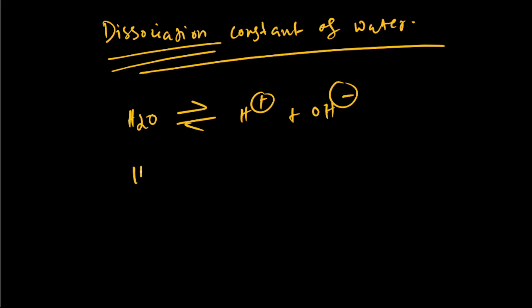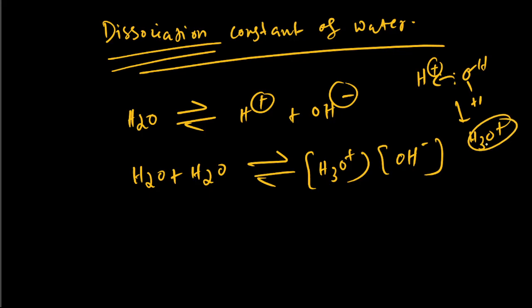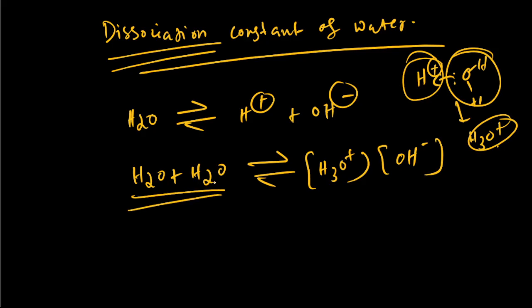Also you can say H2O plus H2O will give H3O plus and OH minus. Why am I taking two waters? Because, as I already said, H plus does not exist: it has very little mass and very small size, and with its positive charge it attracts the lone pair of water and becomes H3O plus. So one molecule of water is taken by H plus to become H3O plus. So we are taking 2 moles of water, one to get H3O plus and another for OH minus.